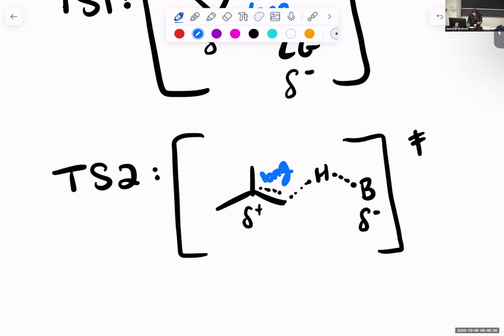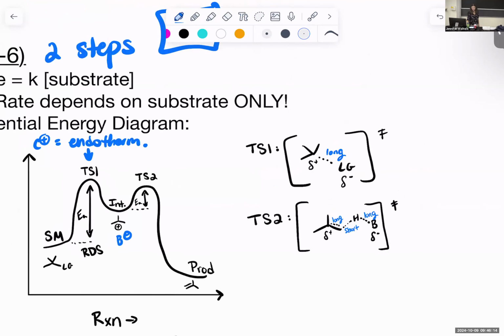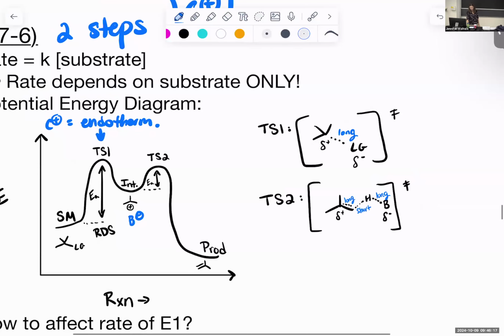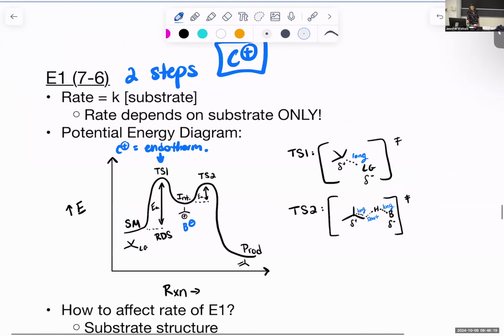If it's not formed yet, it's long. If it is formed, it's short. Thank you. I'd like to pretend like that was a trick, but it's not. I also need a fall break.